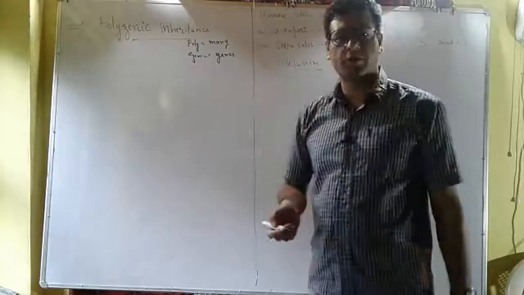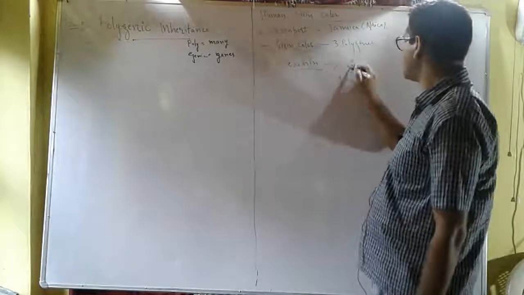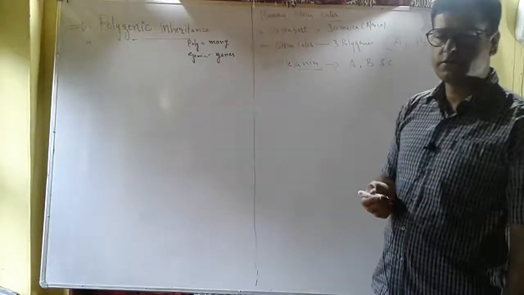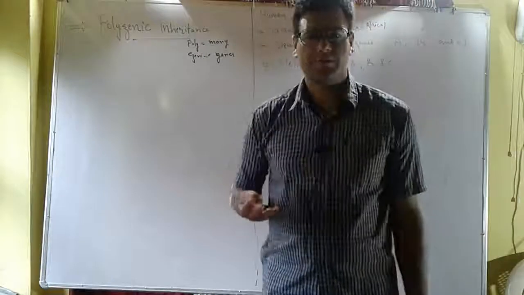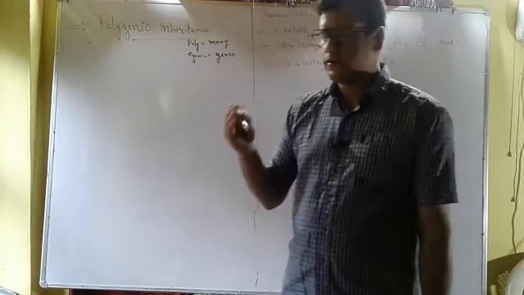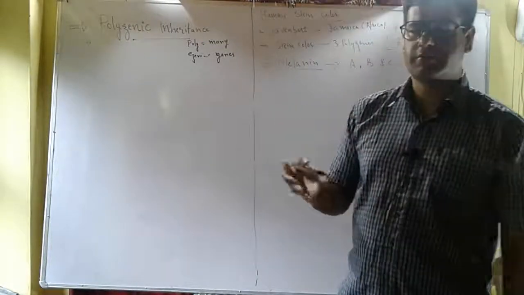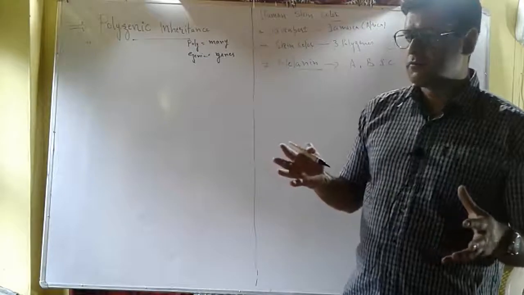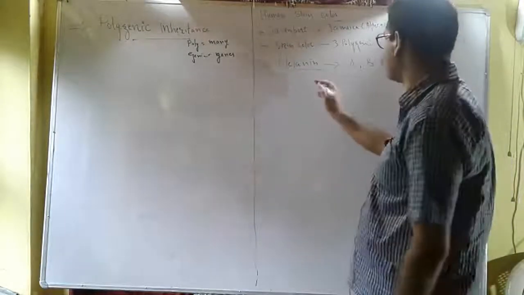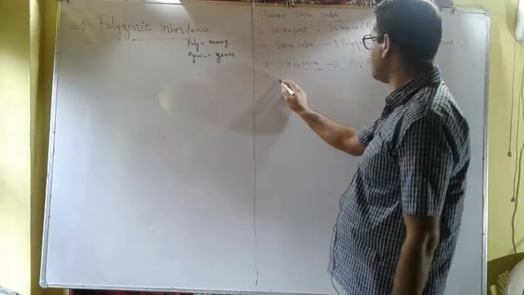And for the full production of this melanin, 3 polygenes are required, A, B and C. That means when all the 3 polygenes are present, then this melanin would be at an adequate, we can say the optimum level in an individual.